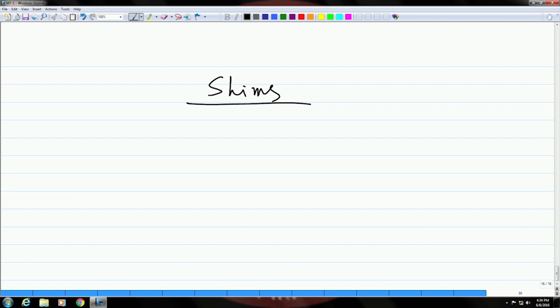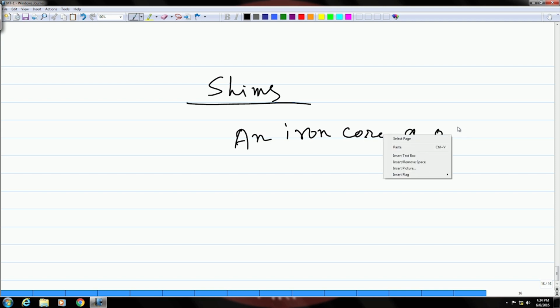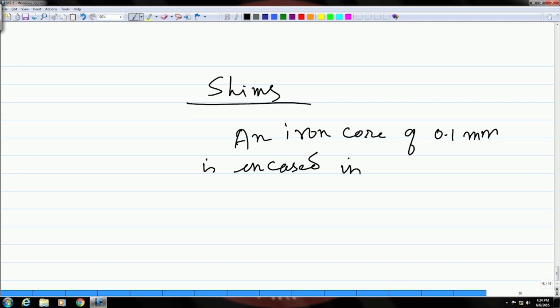For example, an iron core of 0.1 mm is encased in a brass coating.